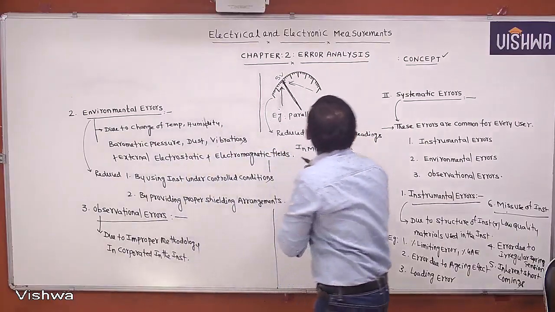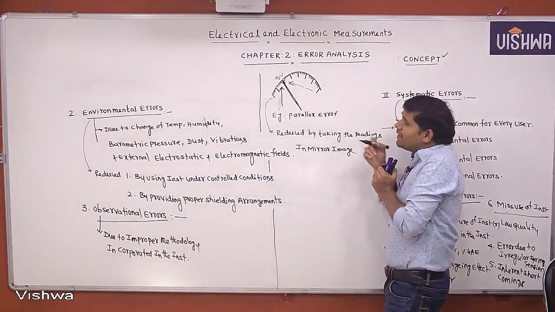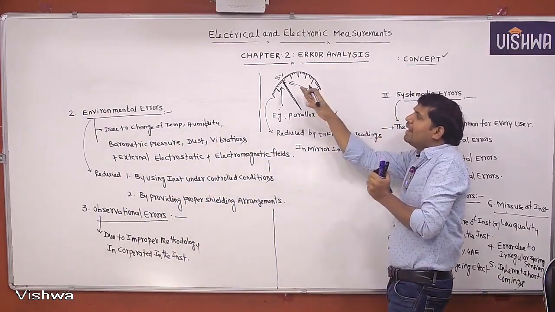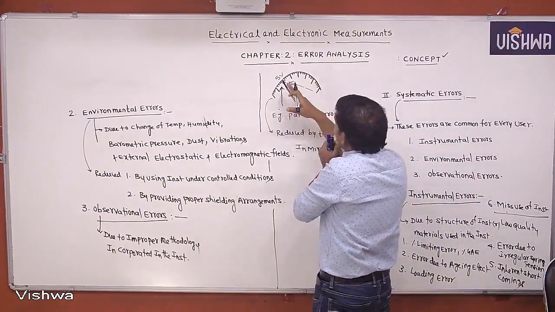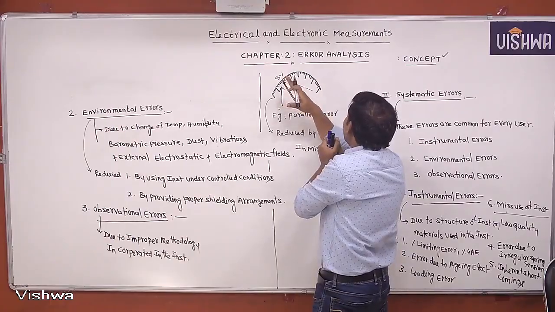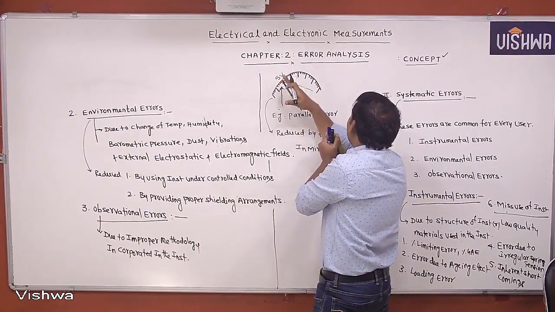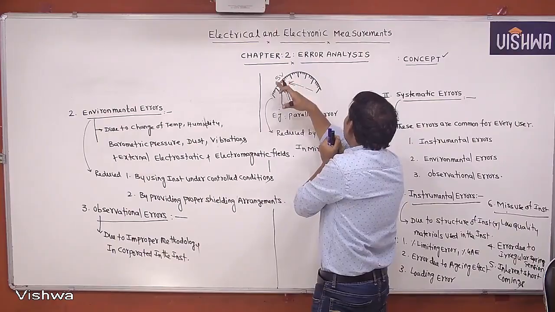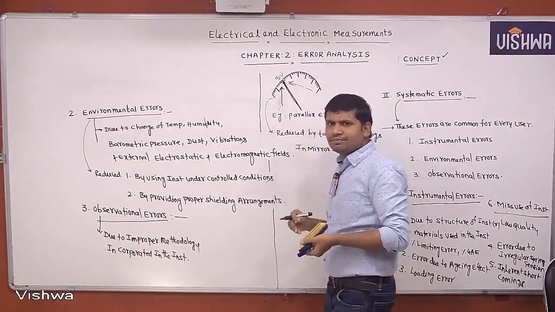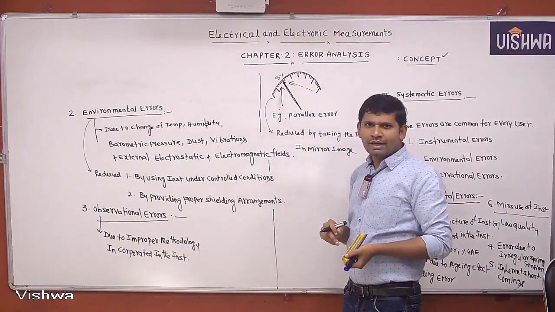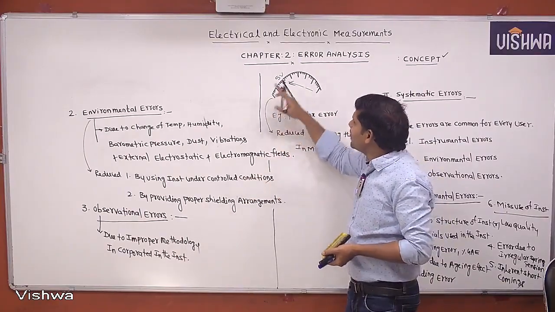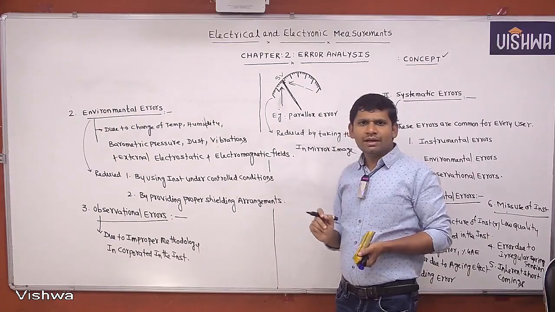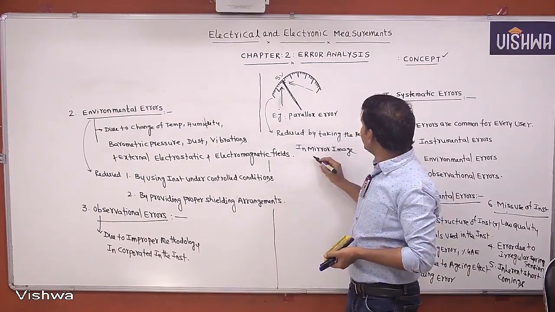If another person sees the reading like this, he will tell greater than 5 volts. The person taking the reading exactly in the plane of scale and pointer will give a nearly equal answer. Understood? This is the reason for observational error: improper methodology.